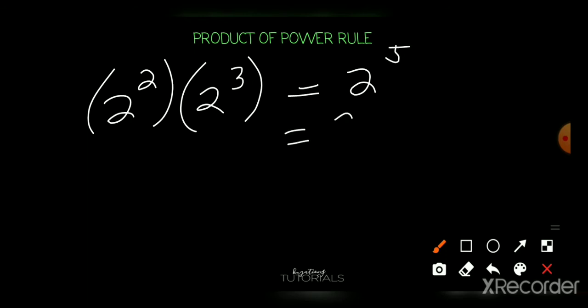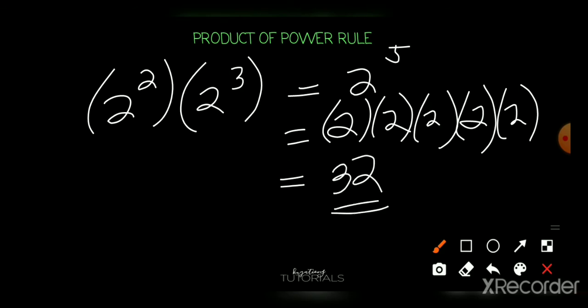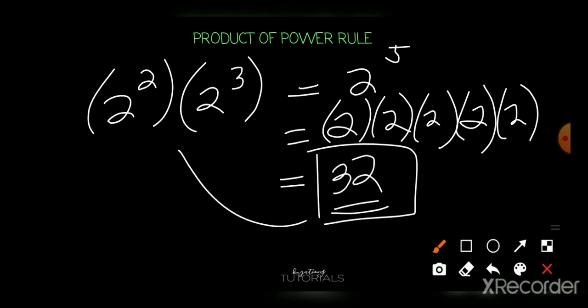Let's expand it: 2 times 2 times 2 times 2 times 2. Same process: 2 times 2 is 4, 4 times 2 is 8, 8 times 2 is 16, 16 times 2 is 32. So 2 squared times 2 cubed equals 32.